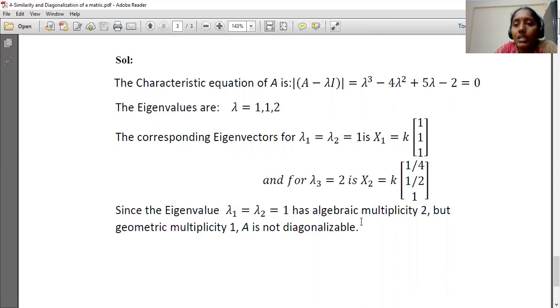Otherwise, the matrix is not diagonalizable. In simple terms, the number of eigenvalues is equal to the number of eigenvectors, whether distinct or repeated, and all the eigenvectors are linearly independent. Then only the matrix A is diagonalizable.